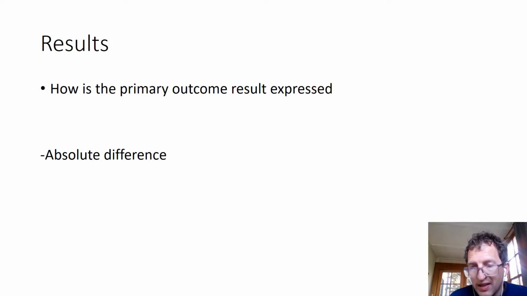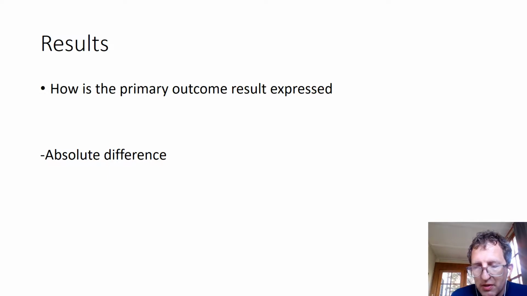Well, it's very easy to make it very clinically meaningful. The problem with it is that it already takes into consideration the likelihood of that event in the study group.